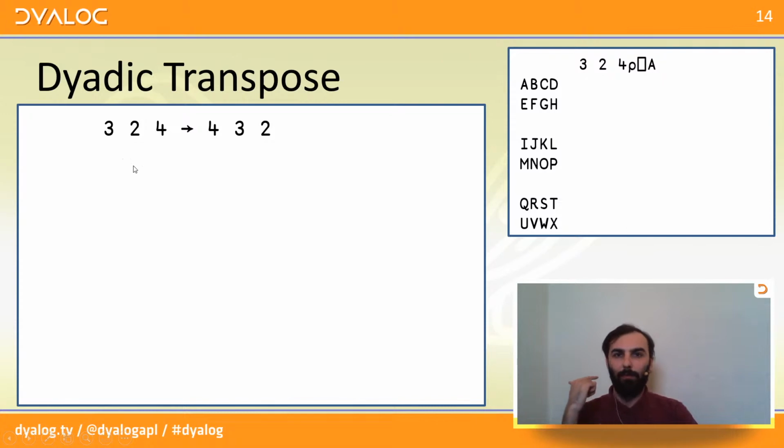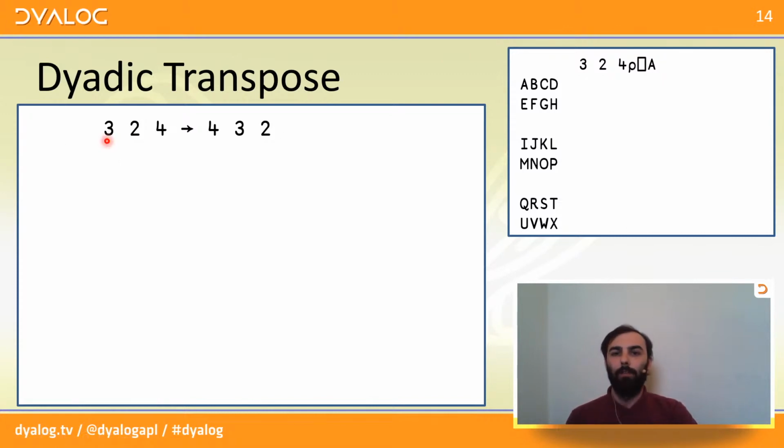With that in mind, I've developed a bit of a mantra that by the end of this webinar you'll be sick of. I've got my leading length 3 and 2 axes, and I want to move those to the end. The left argument to dyadic transpose tells me where each axis is going to end up.